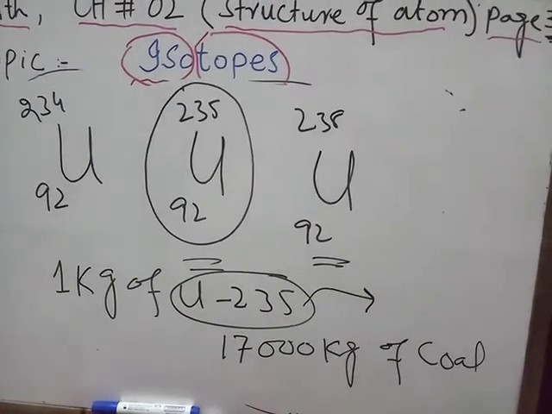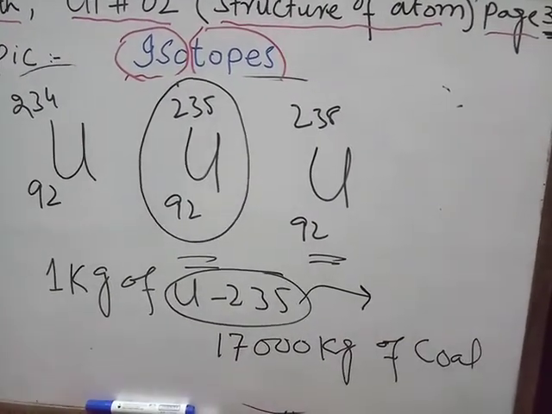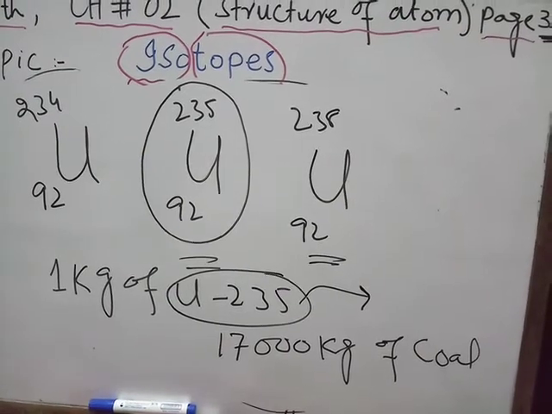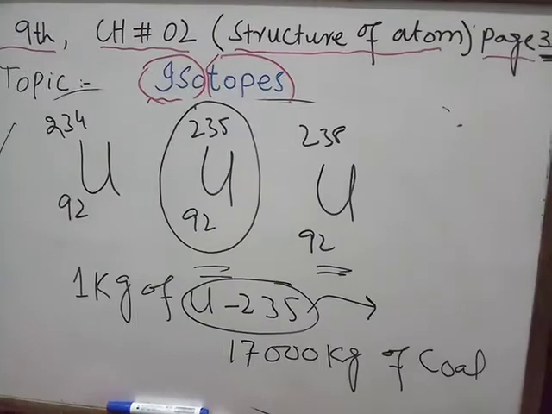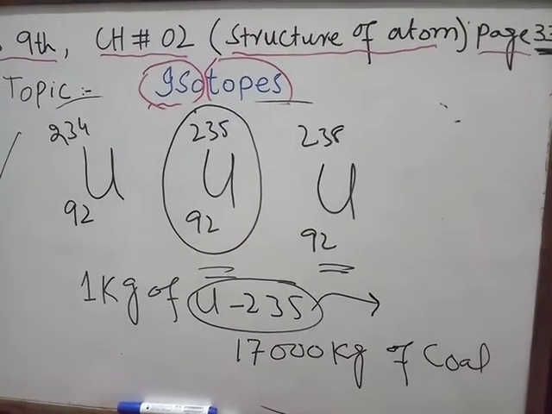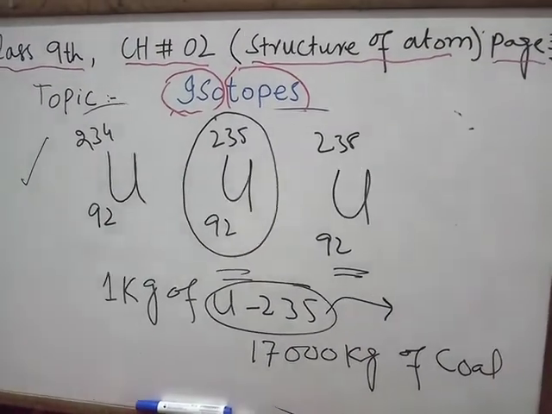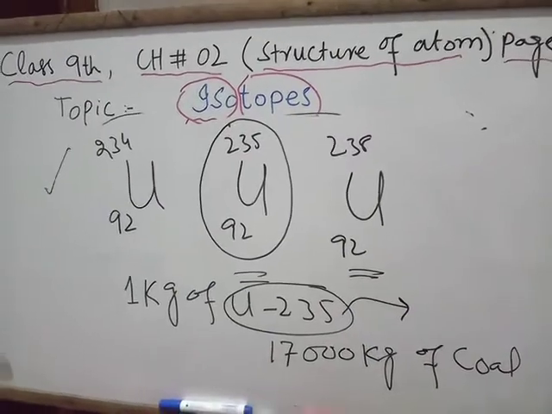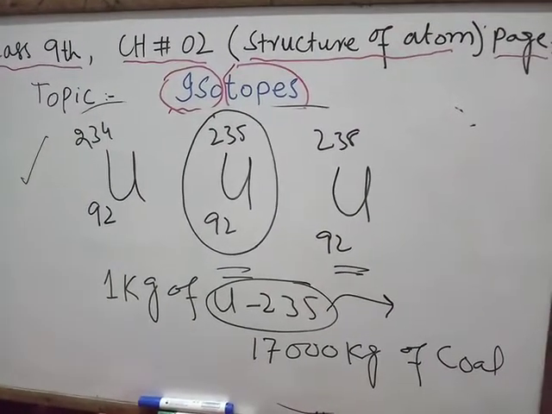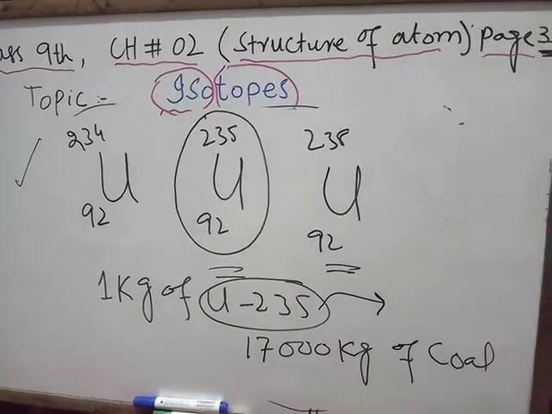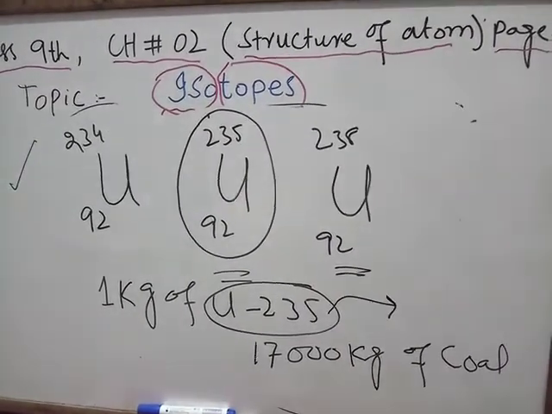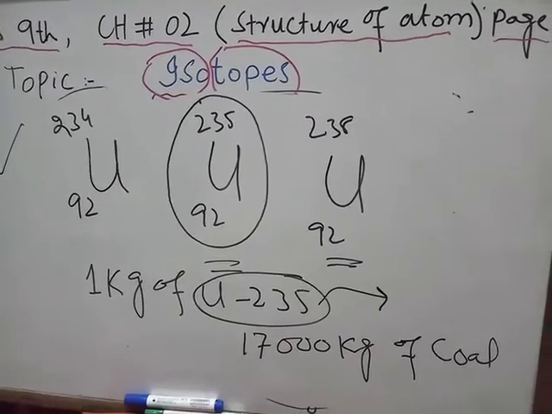Similarly, when uranium 235 disintegrates, the reaction is already shown in your book: it is converted into thorium and releases an alpha particle. You can also study that. So I have discussed all the isotopes and their properties.